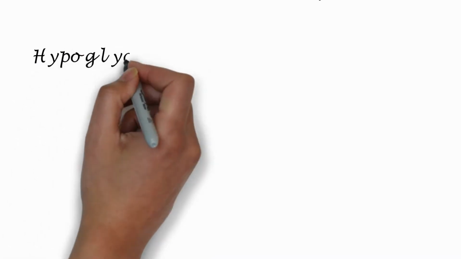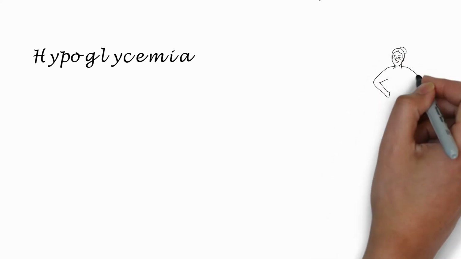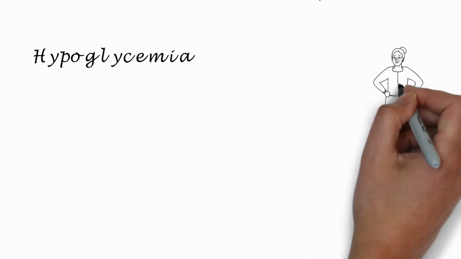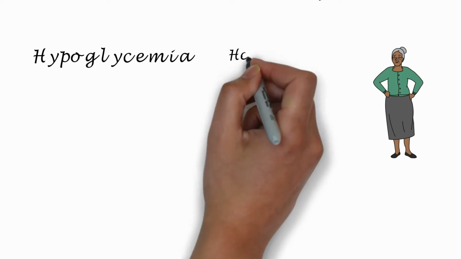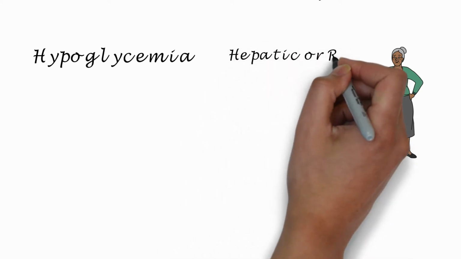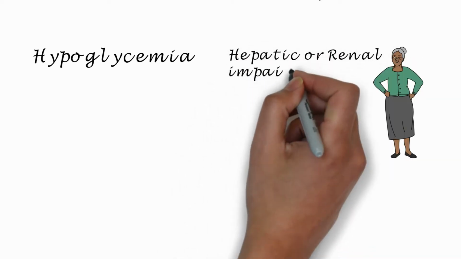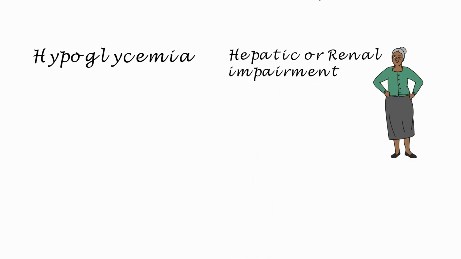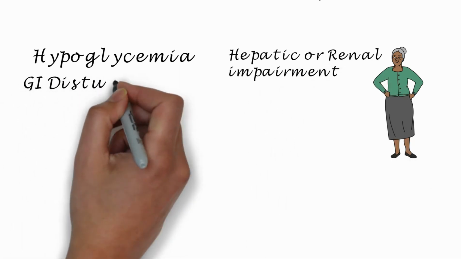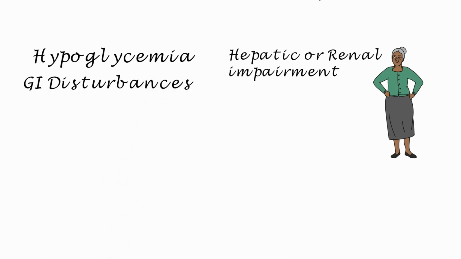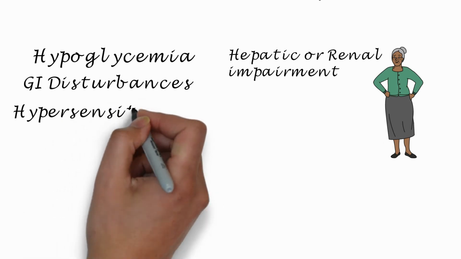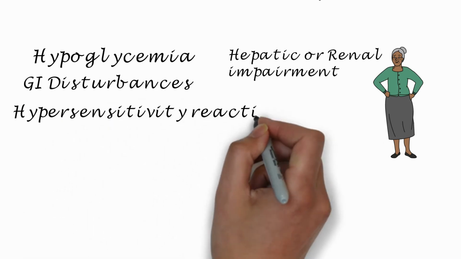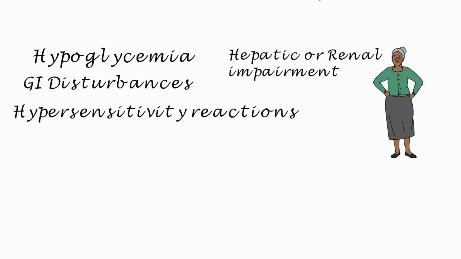The most common adverse effect of these agents is hypoglycemia. The elderly patients and the patients with renal and hepatic impairment have more risk of serious hypoglycemia, so these drugs are not used in those groups. Gastrointestinal disturbances like nausea, vomiting, and diarrhea can occur with these agents. These are sulfur-containing compounds, so hypersensitivity reactions can occur with these agents.